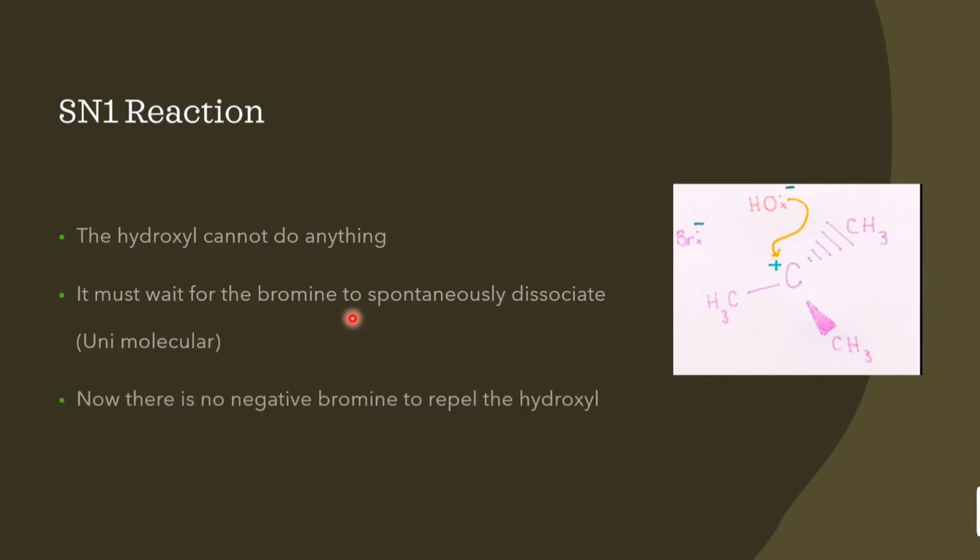So after the bromine has spontaneously dissociated, there's now no negative bromine to repel the hydroxyl group. So the hydroxyl can now attack this new carbocation. So you can see here that our bromine has spontaneously dissociated, and so there is now no negative charge repelling this hydroxyl, allowing it to now attack the positive carbon.